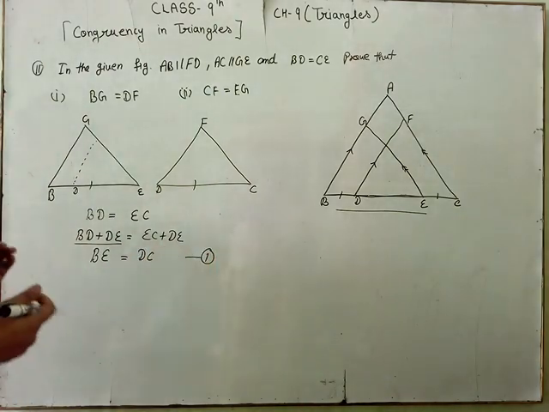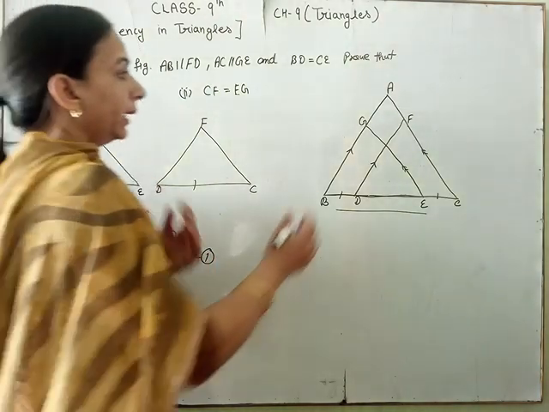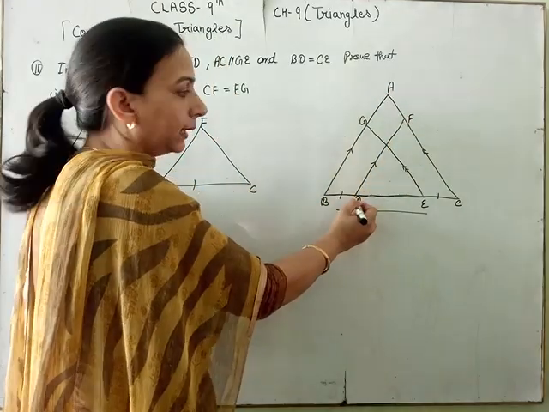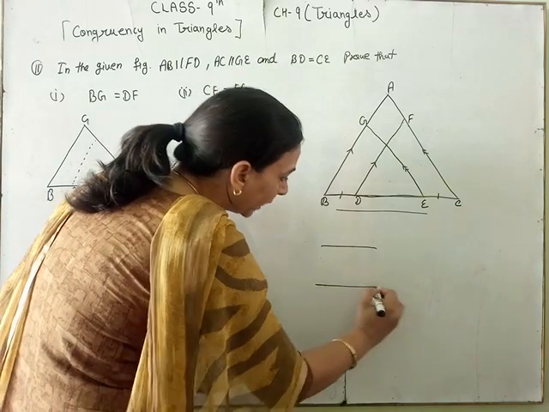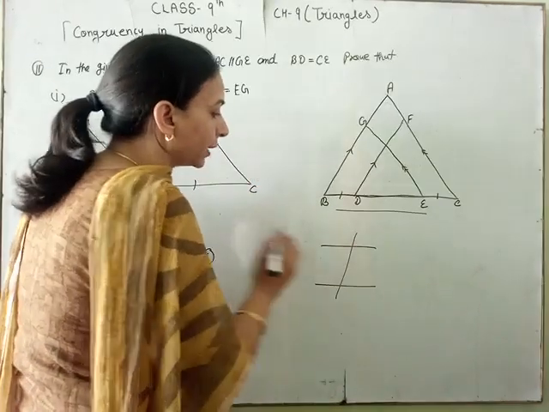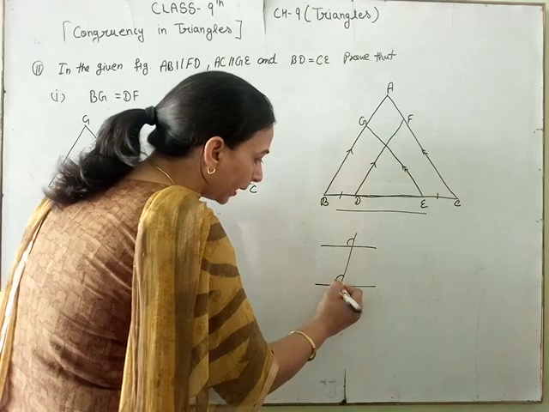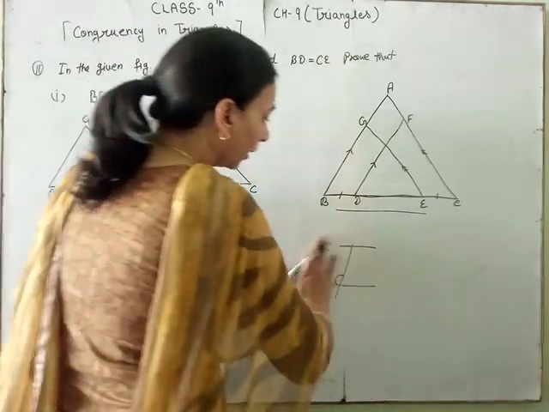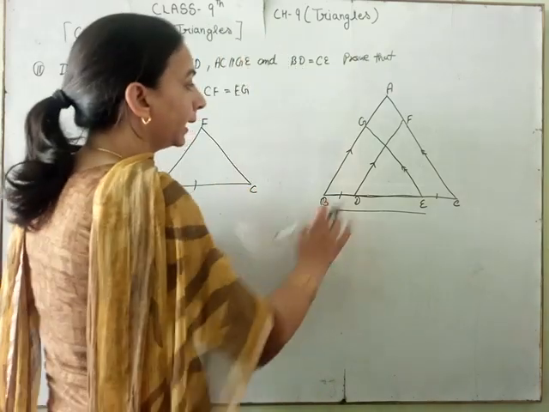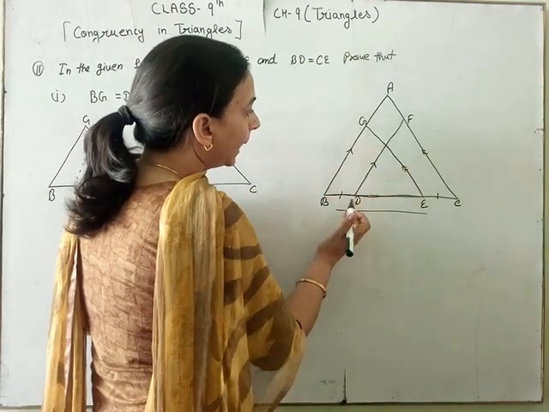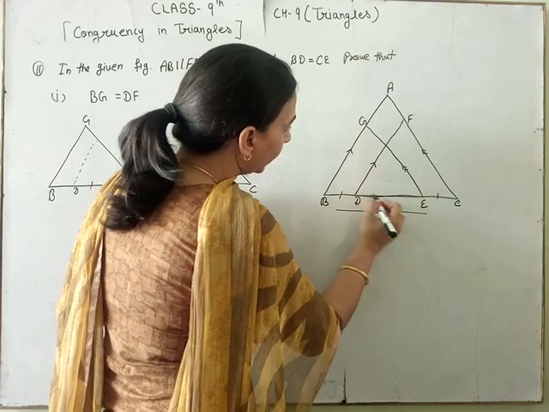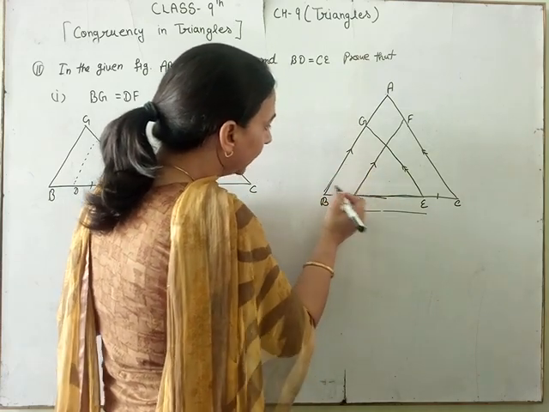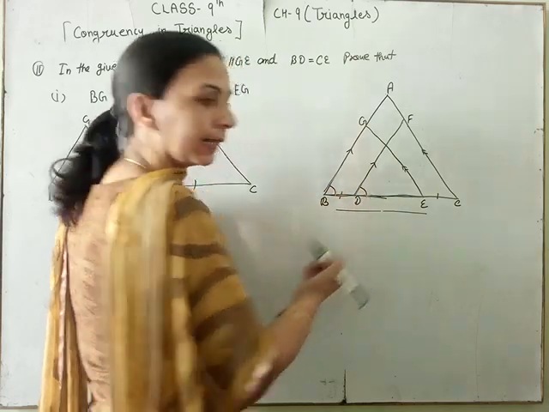For finding the two other parts, student, AB and FD are both parallel. And we know that if two lines are parallel and this is a transversal, then these two angles are equal. These are corresponding angles. So this line and this line are parallel, this is the transversal, then this angle and this angle are equal.